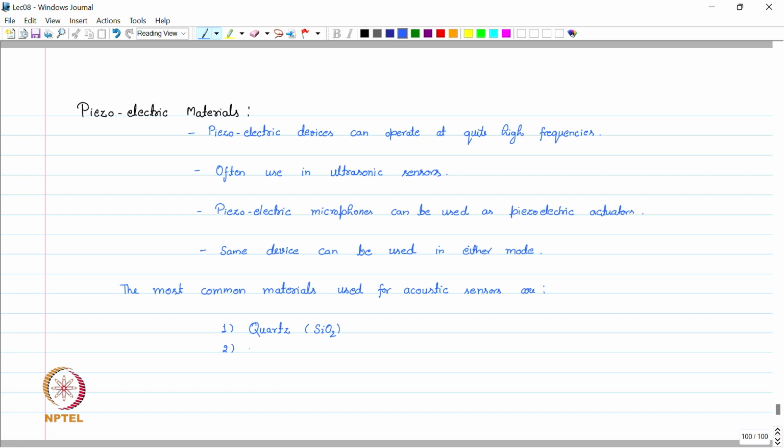The second one is lithium niobate, LiNbO3, and the other material is lithium tantalate.